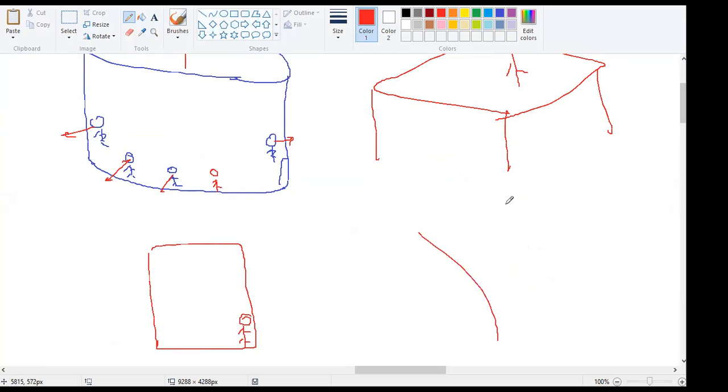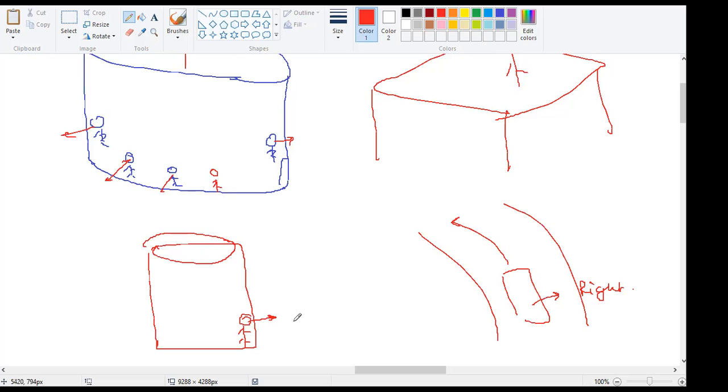When the car is taking a turn towards your left, you get pushed towards the right. We have talked about this many times. Did somebody push you towards the right? No, nobody pushed you. But because of the turn the car is taking, you feel like you are getting pushed towards the right. Similarly, when circular motion is happening, you will get pushed towards the wall. That's a pseudo force.